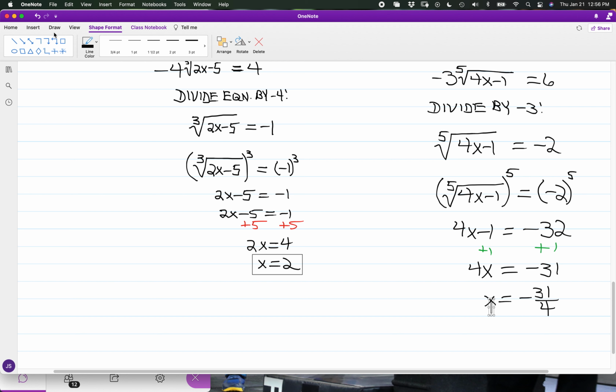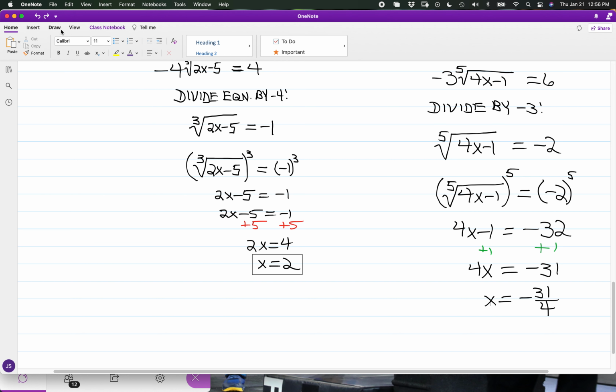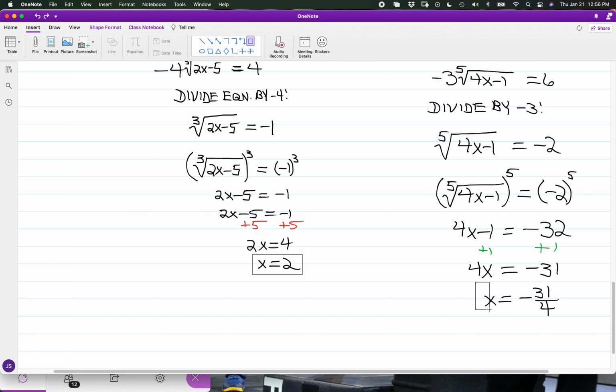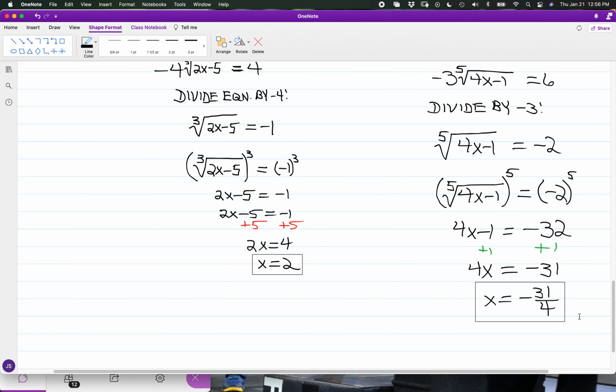For this we have a non-integer, and again we had an odd root radical expression, so it's not quite so mandatory to double check again as were the cases with even root radical expressions.